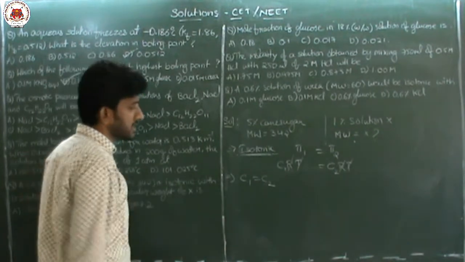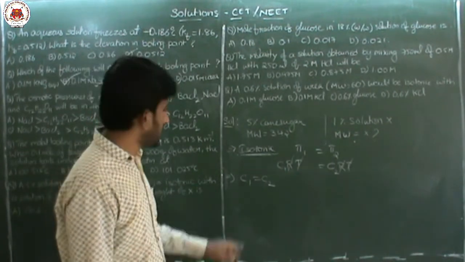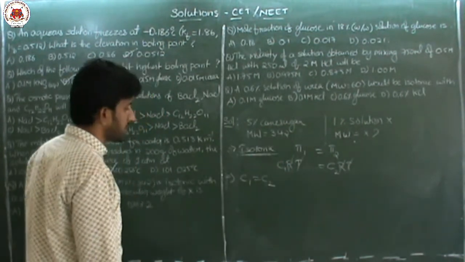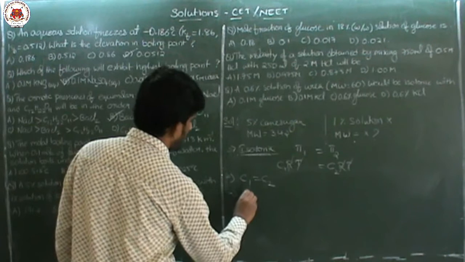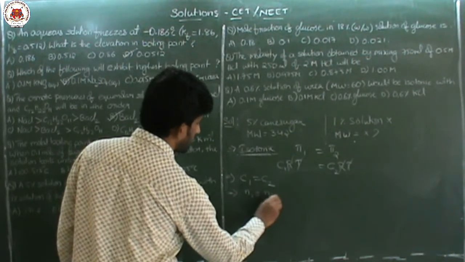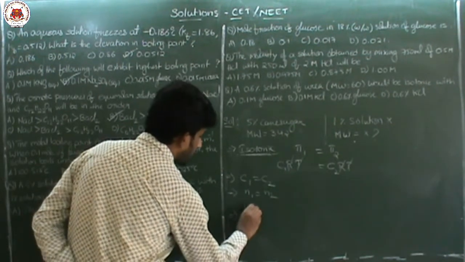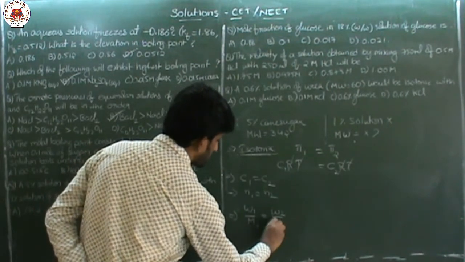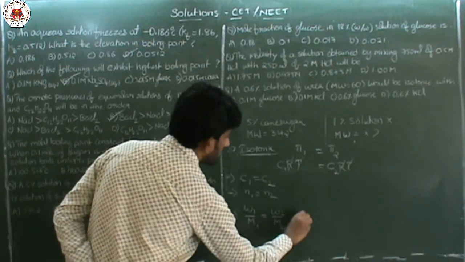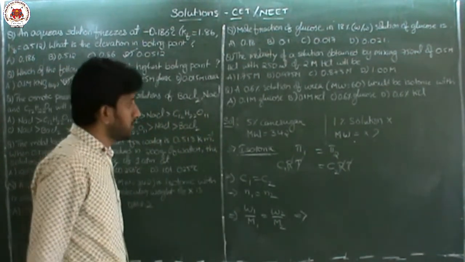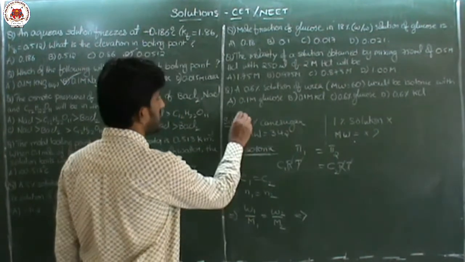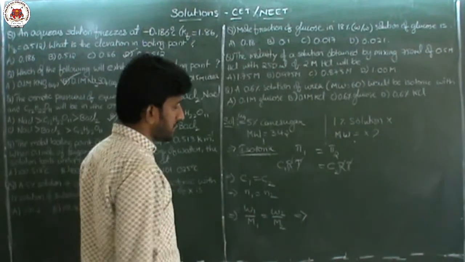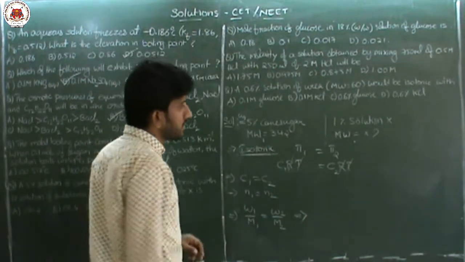Now concentration is nothing but number of moles per liter, so n1 must be equal to n2 in both cases. That means W1 by M1 is equal to W2 by M2. W1 is 5% here, 5 grams. M1 is the molecular weight of the first compound, cane sugar.